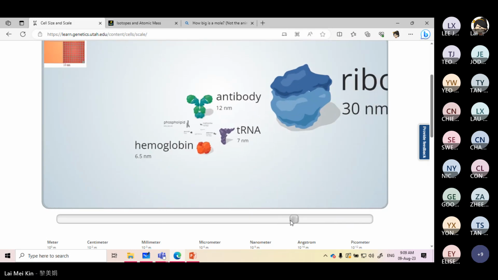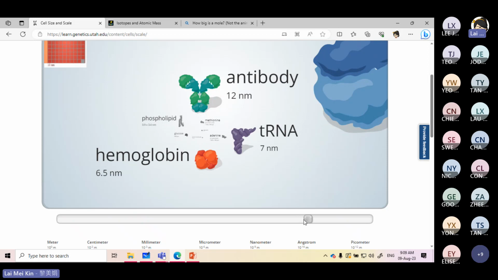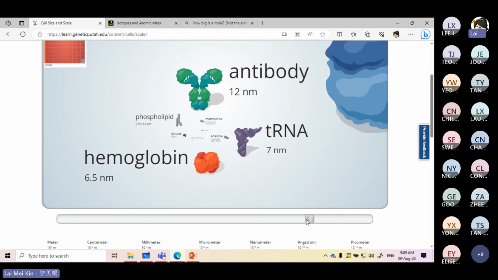Anything about atom? Haven't, huh? All right. Hemoglobin is where you have all your red blood cells together, capturing oxygen and bringing it around. Antibody, we haven't seen atom yet. So you can see that atoms are even smaller than all of this.